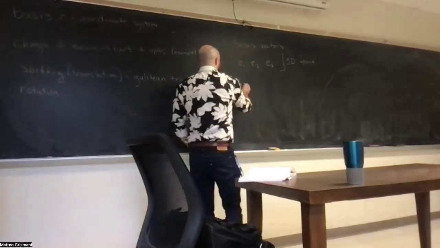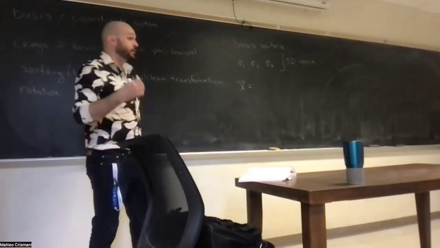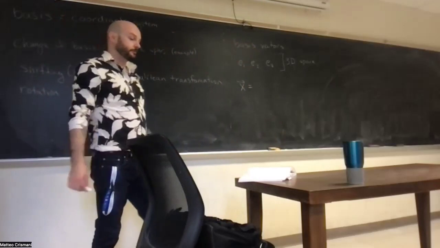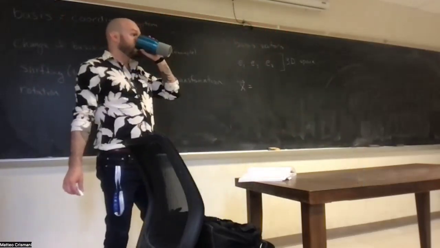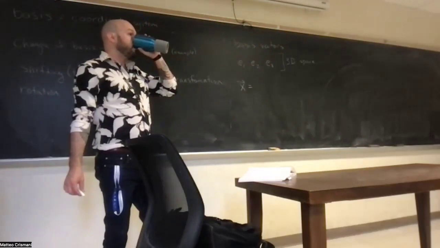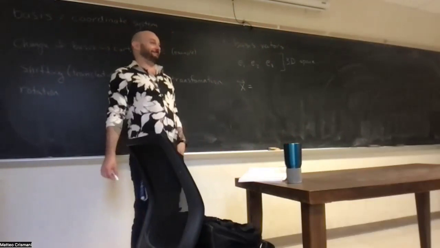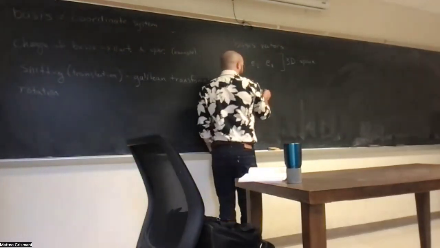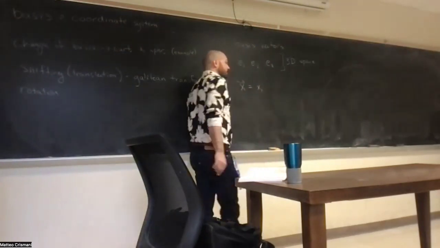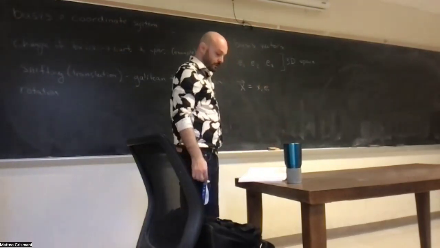So you might say something like this. How would you write that in terms of our new notation? I think you're close. I like the first one, X what? X1 E1 plus X2 E2.